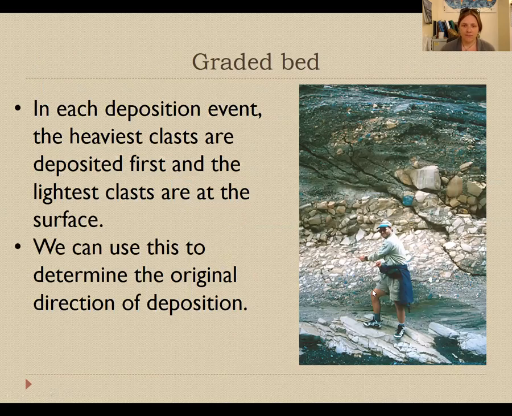So here's another image. And in this case, we have a graded bed where we have these larger pieces grading into smaller and smaller pieces going this direction, going downwards. We know that Stokes' law works the opposite way, where the bigger pieces fall out first and then the smaller pieces fall on top of them.